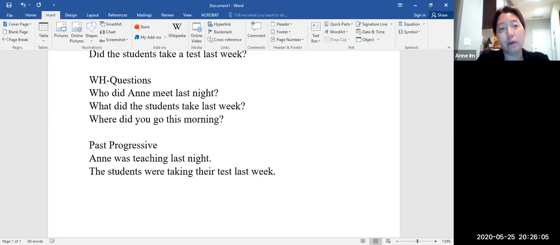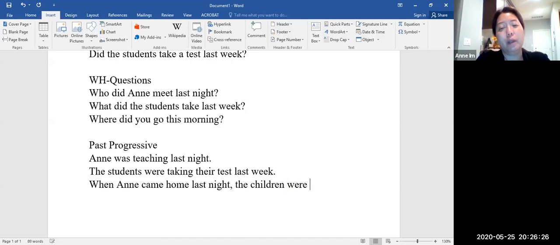Okay, and you can also use time clauses. For example, you can mix the simple past and the past progressive. So when Anne came home last night, the children were eating.